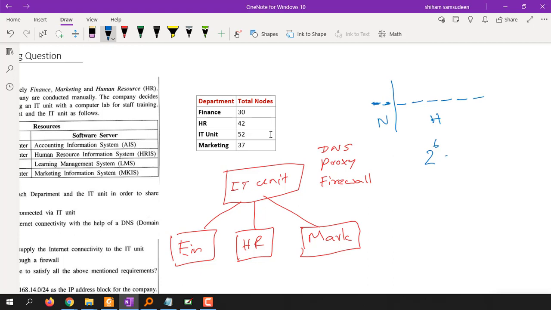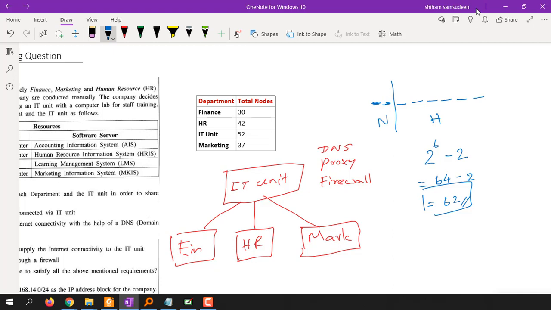That is 6, minus 2. So hosts per subnet is 2 to the power 6 minus 2, that is 64 minus 2, which is 62, right? So each subnet will have 62 usable IP addresses. If it includes the network address plus the broadcast address, this number would be 64. So this is excluding the network address and the broadcast address.